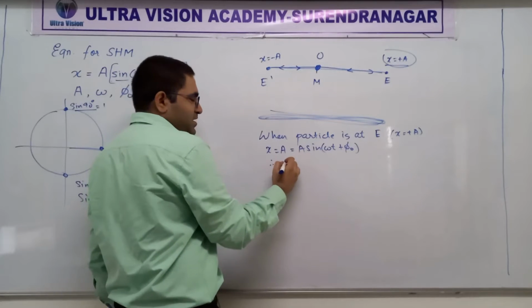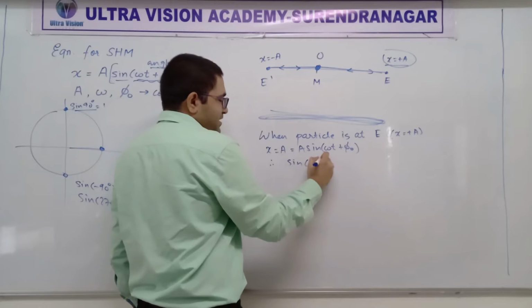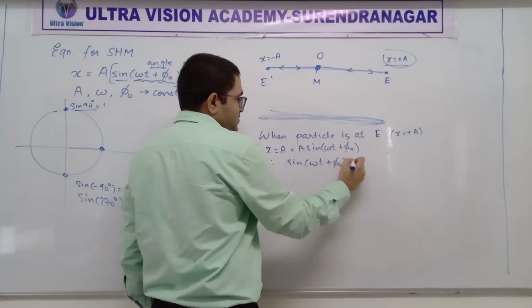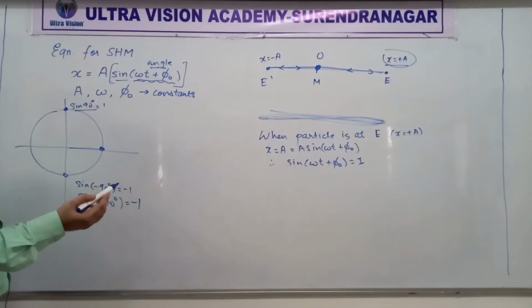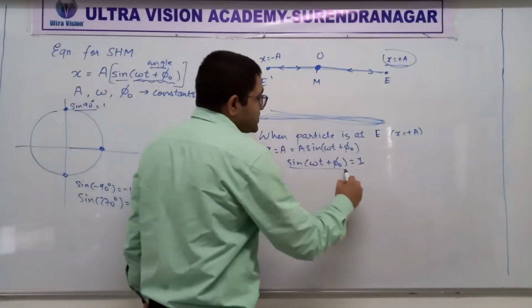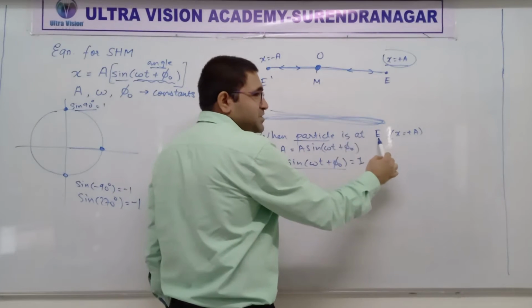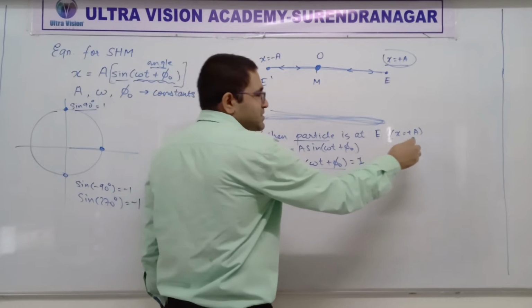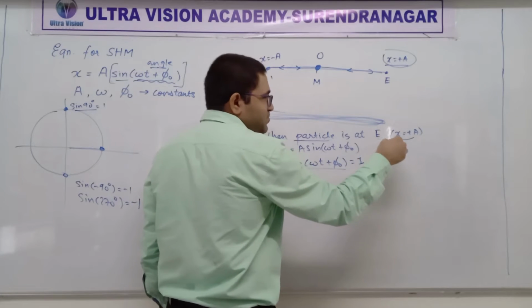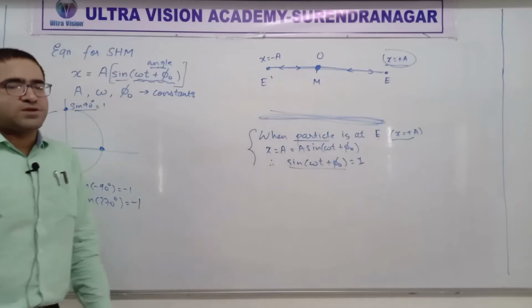So that would give us sine(omega t plus phi 0) is equal to 1, right? So basically whenever this value becomes 1, where is the particle? The particle is at extreme position, that is on the positive extreme position, that is at x equal to plus a. Did you understand what we have indicated here?